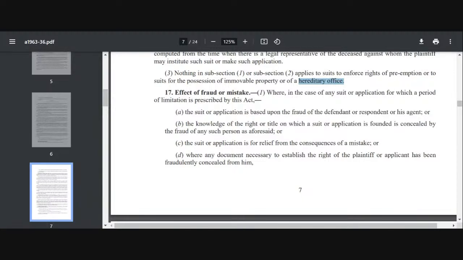It is not going to start from the day when I bought the phone. No. Limitation will start from the day on which I come to know about the fraud.